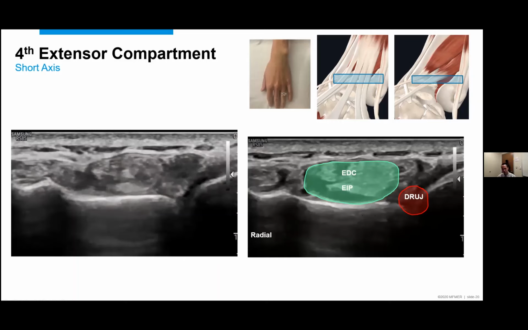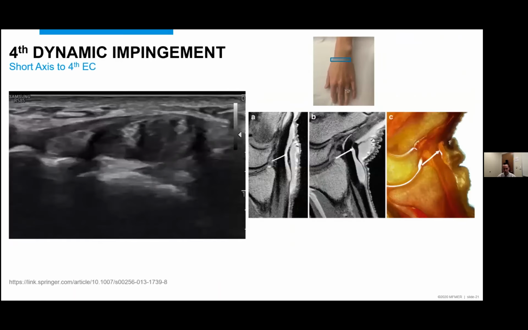And within this fourth extensor compartment area, there is that dorsal radial wrist. There's a few other things we can scan. So we can scan distally to evaluate for dynamic impingement of this fourth extensor compartment being impinged upon when it's bumping into the extensor retinaculum. You can see on this MR study with wrist extension, you can get almost like a dynamic impingement, similar to our subacromial impingement.